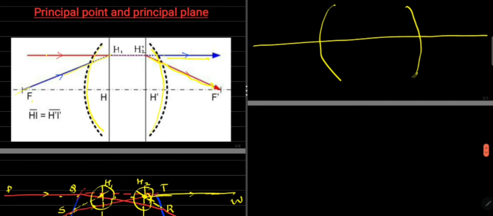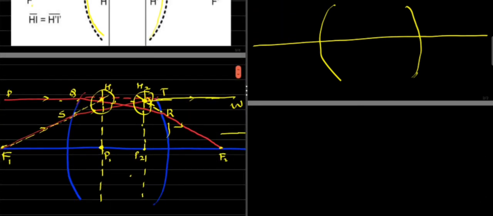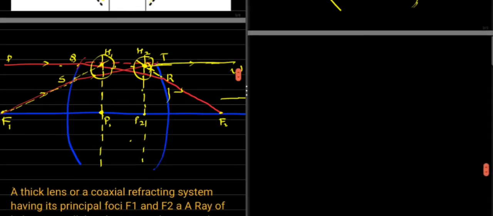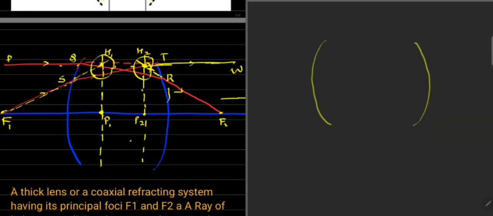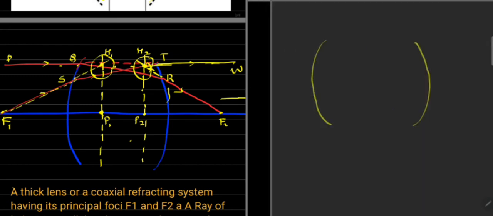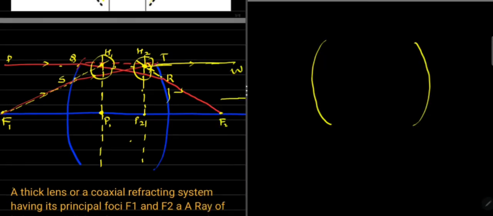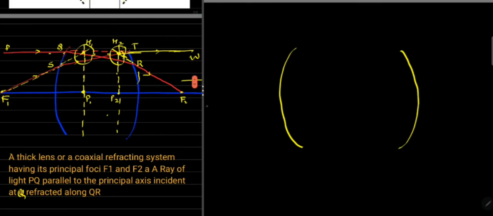We'll draw neatly here. This is the one surface, the incident surface, and this is the second surface, that is the refracting surface. And this is the principal axis.